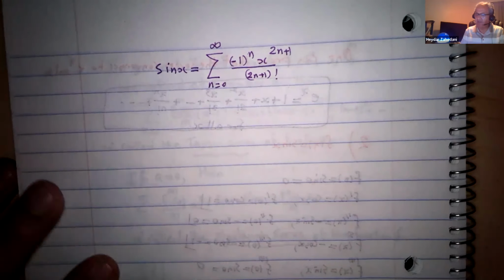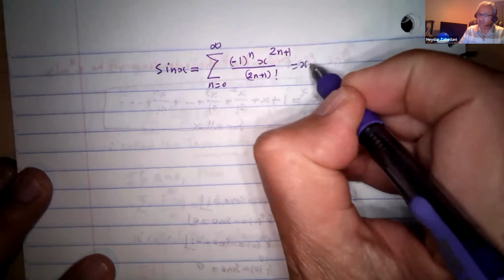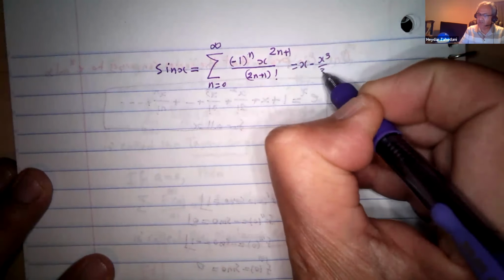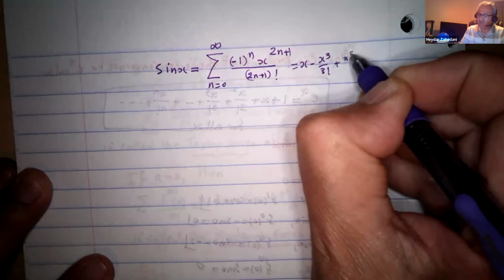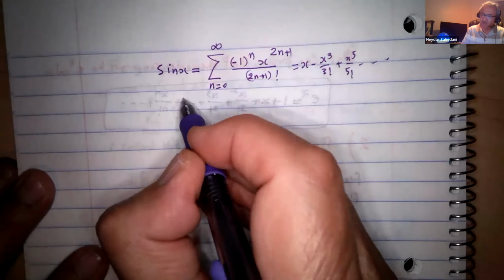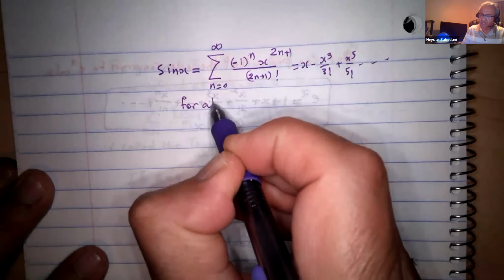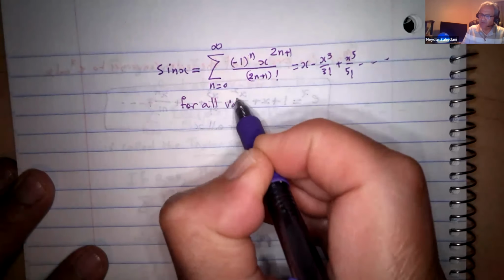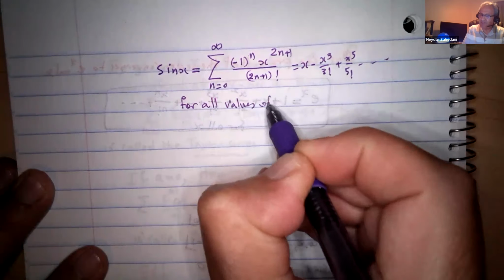Which is going to be, as I told you, x minus x to the 3rd over 3 factorial plus x to the 5th over 5 factorial, etc. And this is true for all values of x, which is very good.